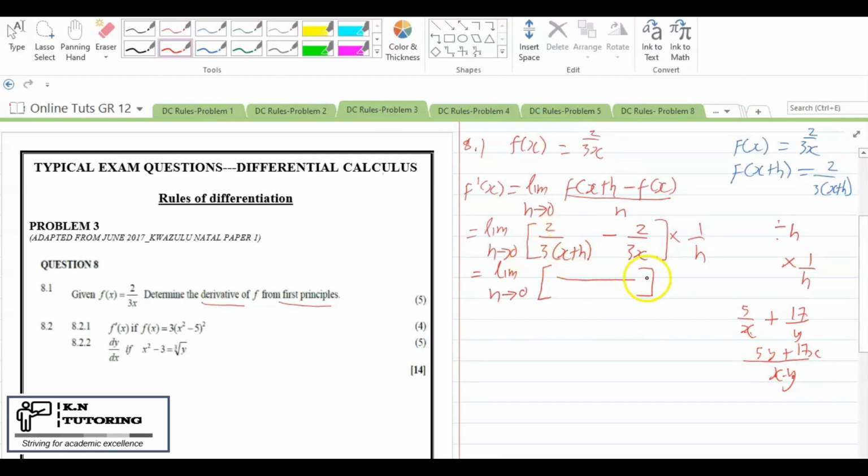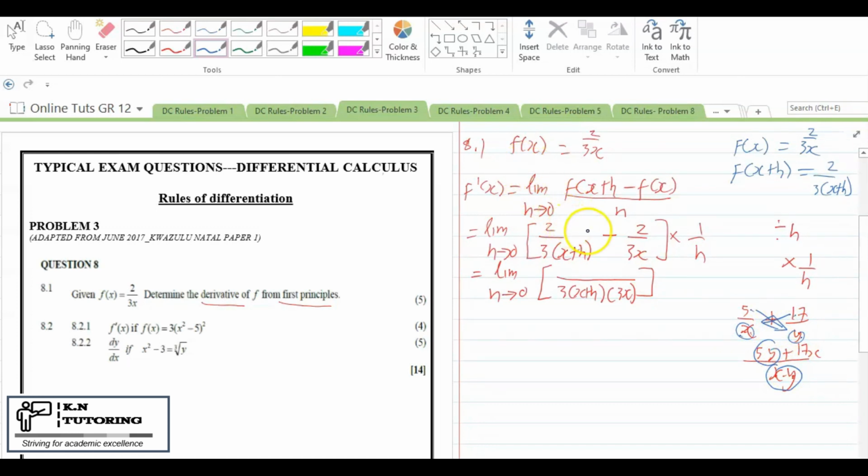So my LCD here will be the same as taking 3 into x plus h multiplied by 3x. Okay. Now I just cross multiply. If you can check here, x, y, x and y, and then here just cross multiply, because 5 times y is 5y, and then 17 times x is 17x.